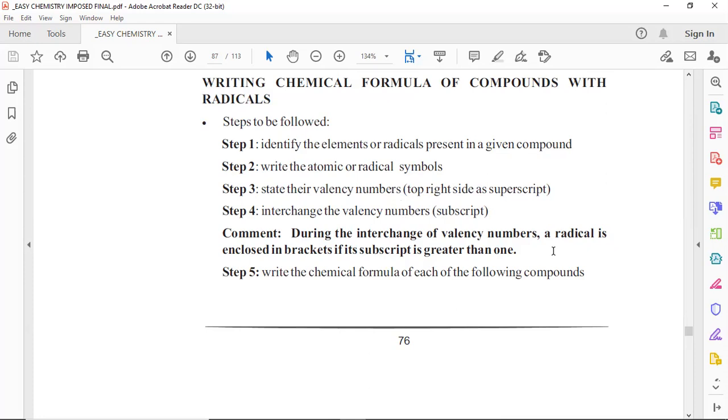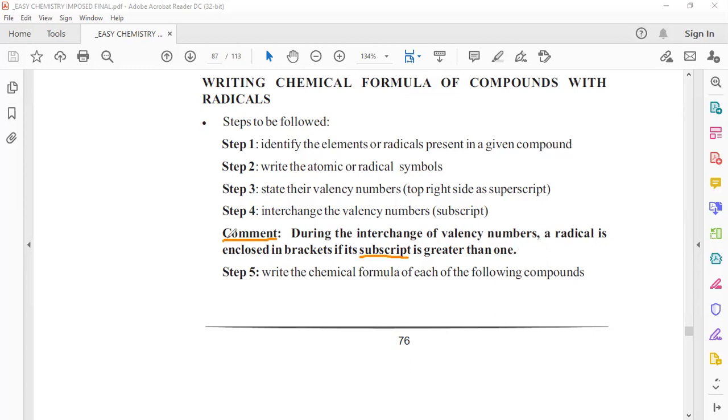Interchange the valence numbers. Now there is a special comment that should be observed, and we're going to practice it. During the interchange of the valence numbers, a radical is enclosed in brackets if its subscript is greater than 1.